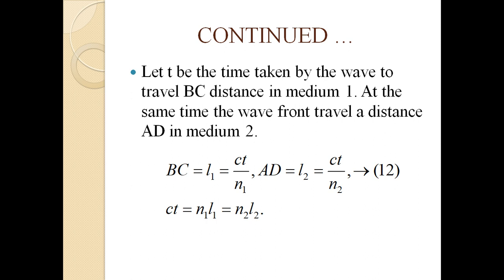That is, BC equals L1 equals ct/n1, and AD equals L2 equals ct/n2. Therefore, ct equals n1 L1 equals n2 L2.